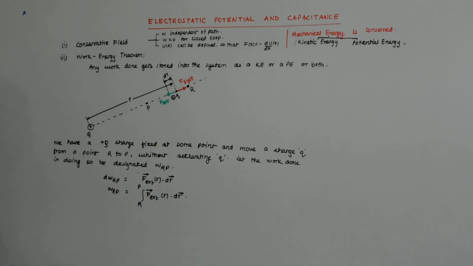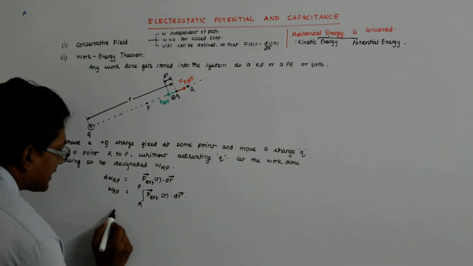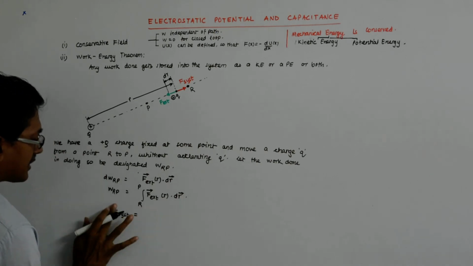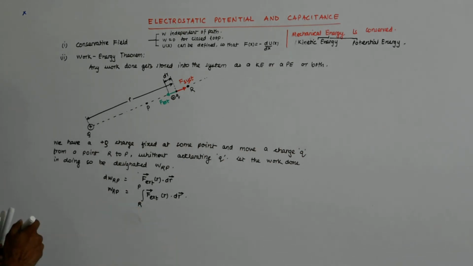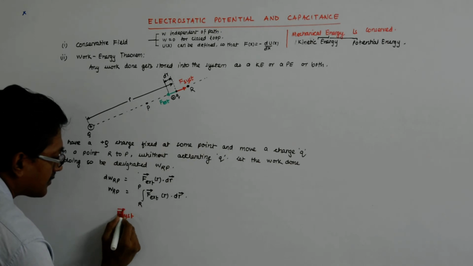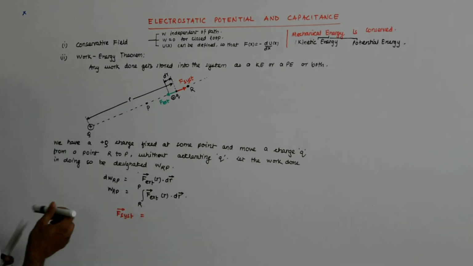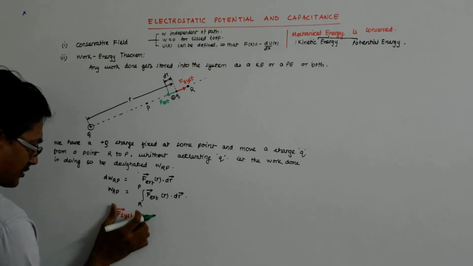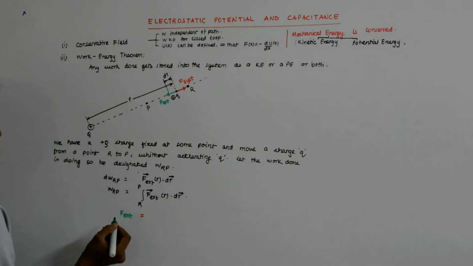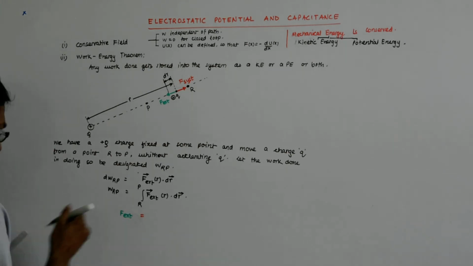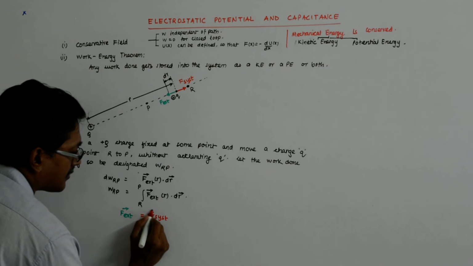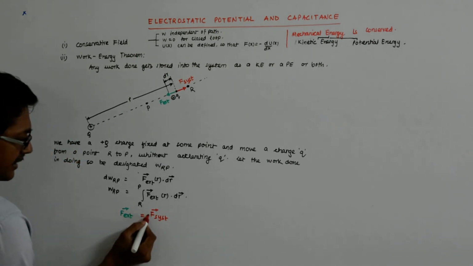And you should understand one thing: F external, which is a vector, is opposite to F system, and since it is just infinitesimally greater, it is the negative of that.